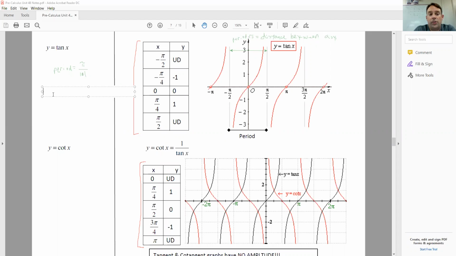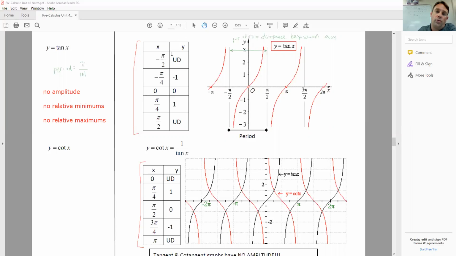With tangent and cotangent, there is still no amplitude because it goes from negative infinity to positive infinity. Likewise, there are no relative maximums and no relative minimums, because again, they stretch from negative infinity to positive infinity.